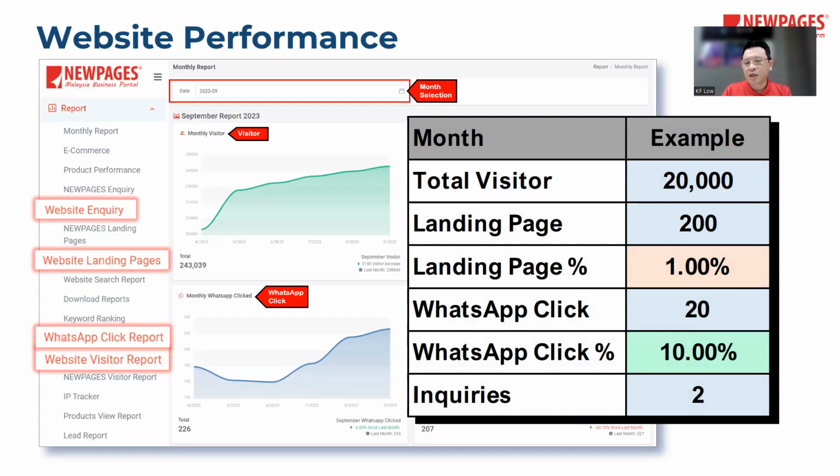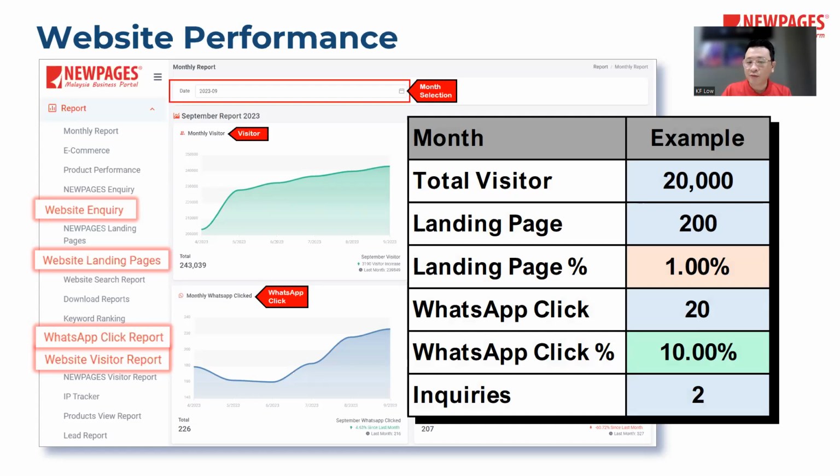Okay, then of course we do have inquiries. The inquiry is email, but we don't take so much into that consideration because, based on our statistics at New Pages, we find out that the majority prefer to use WhatsApp.